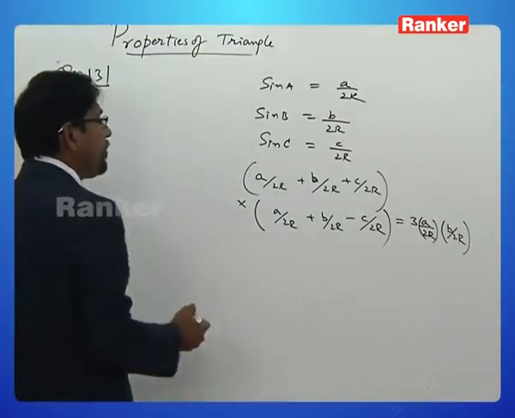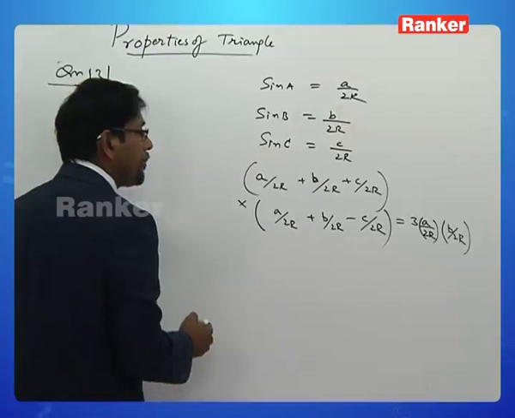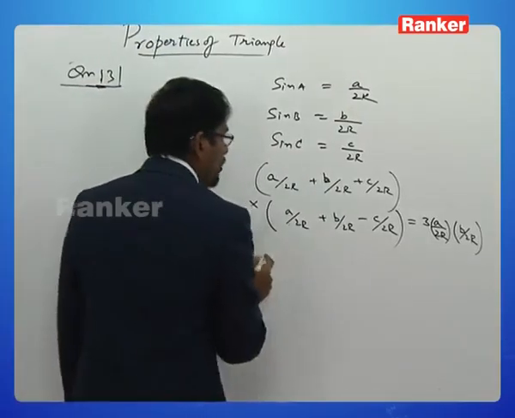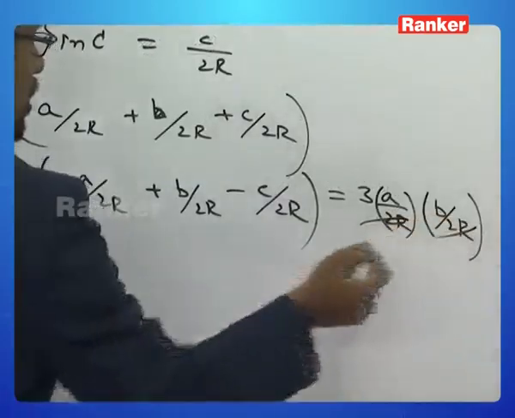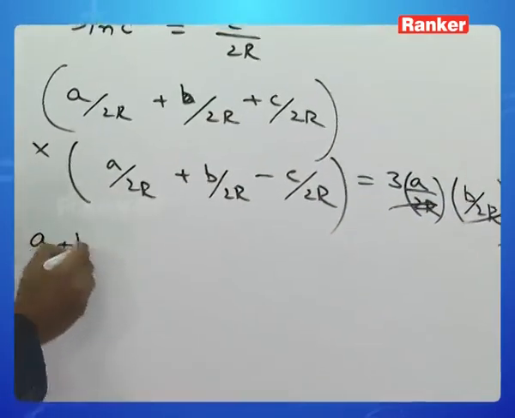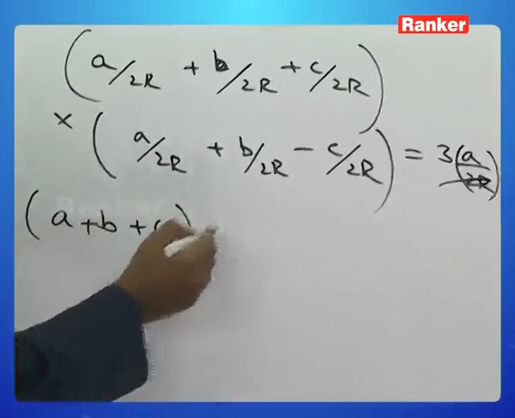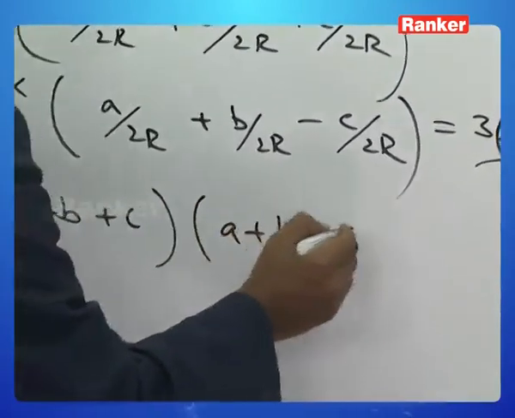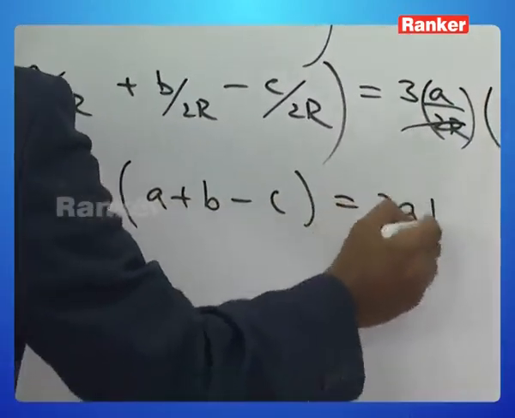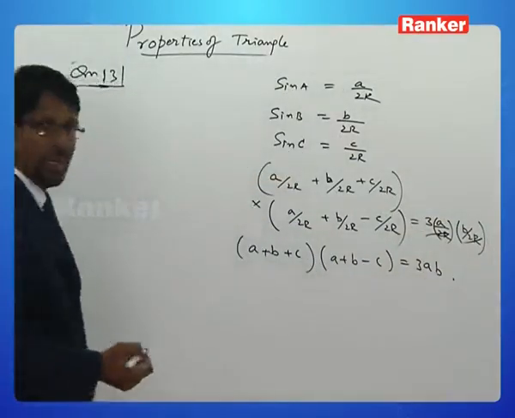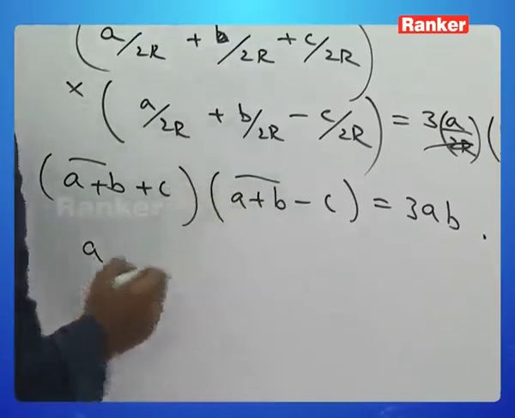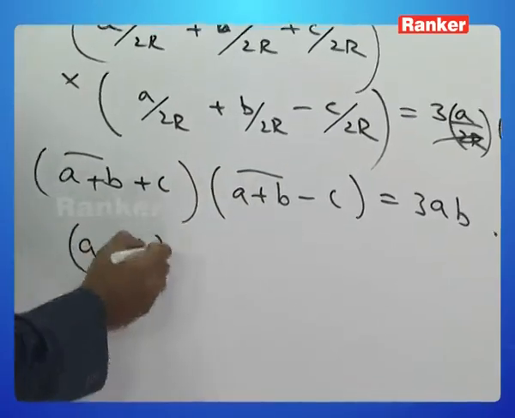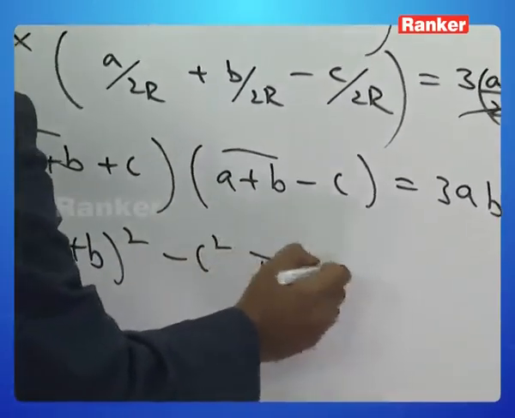So what do we have here? This 2R and this 2R can be cancelled out. So we have A plus B plus C into A plus B minus C is equal to 3AB. So that clearly gives us, we'll treat A plus B as one term here, A plus B whole square minus C square is equal to 3AB.